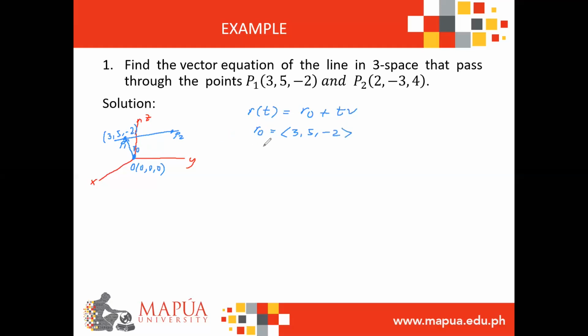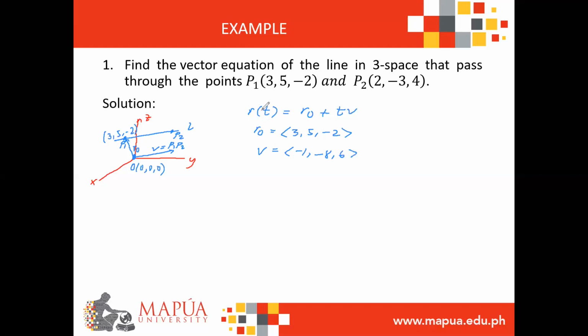And then in getting vector v, which is parallel to your line L, it can be found from the vector P1P2. The components of your vector v from P1 to P2 will be 2 minus 3, since it is the terminal minus the initial point, which is negative 1. Negative 3 minus 5 is negative 8. Then 4 minus negative 2 is positive 6.